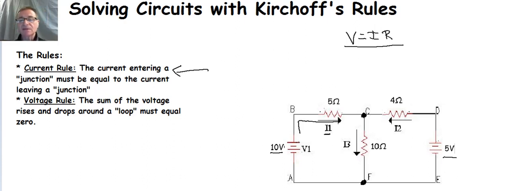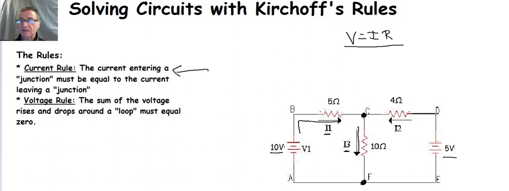Something has to happen to that current. Well, we've decided that some of it is going to split and go down as I3. So it's going to go in the downward direction, and that's labeled I3 here.